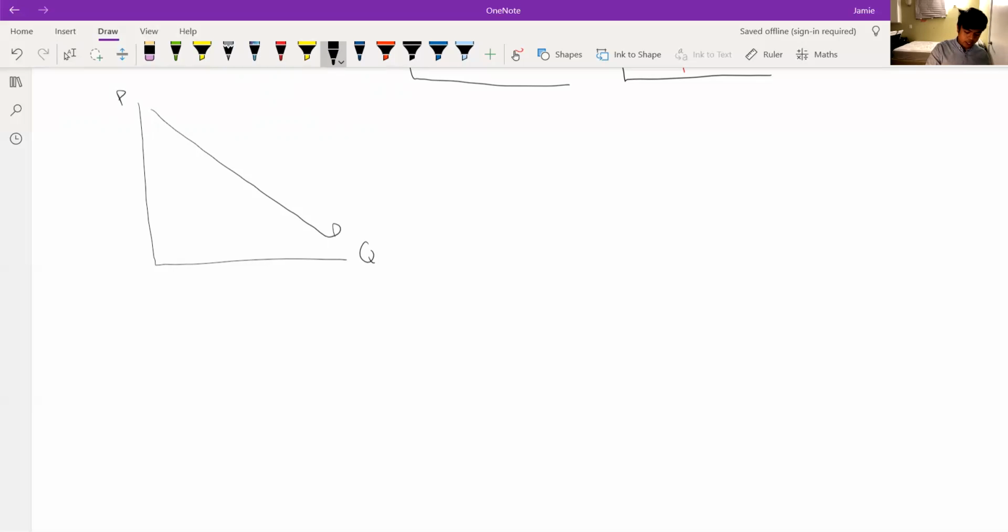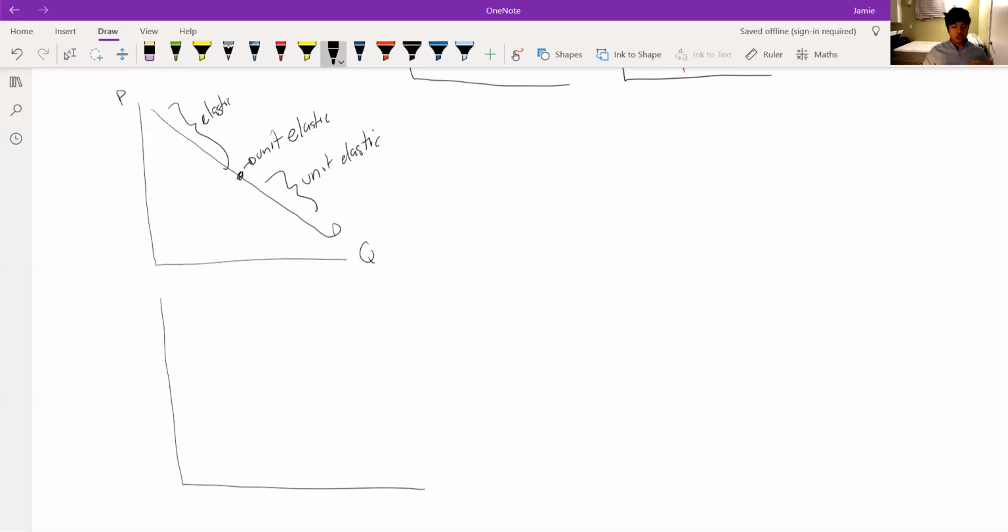So what I mean by that is the demand curve can be broken down into three regions. You got your elastic region, then you got your unit elastic, so your PEP one, and then you got your inelastic. To comprende. Terrible French.